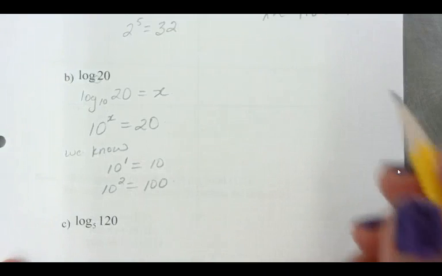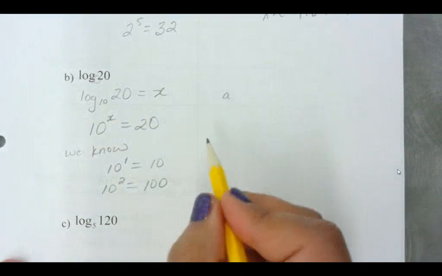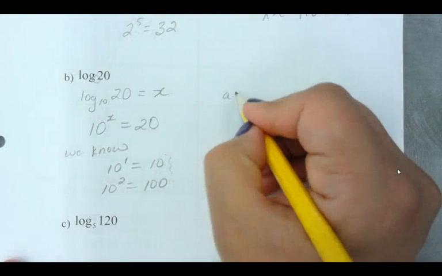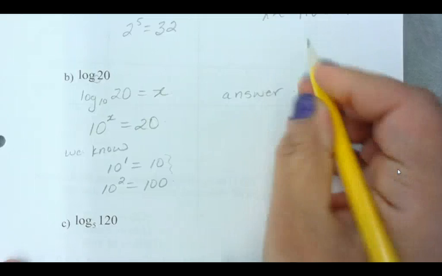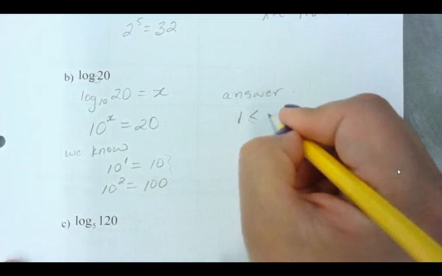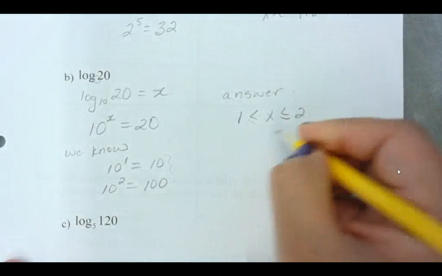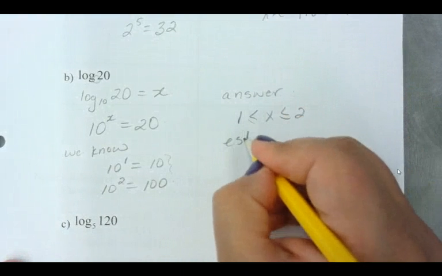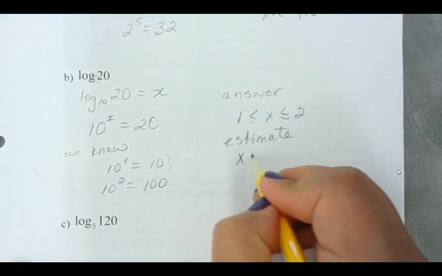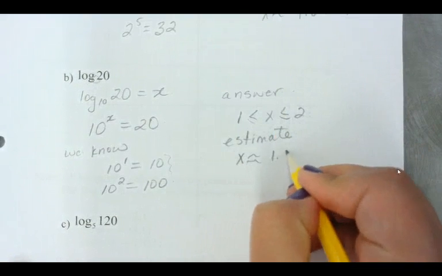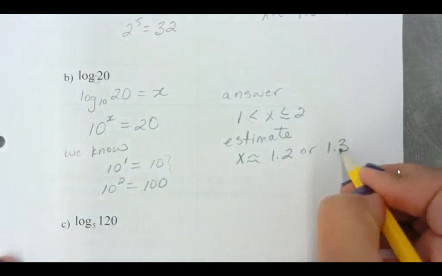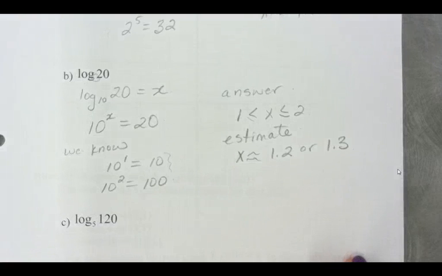It's 100. So where is our answer going to be closer to? It's going to be closer to this one here, right? So it's going to be somewhere between 1 and 2. We can estimate closer to the 1, so we can say x is approximately 1.2 or 1.3. Those would be reasonable answers.